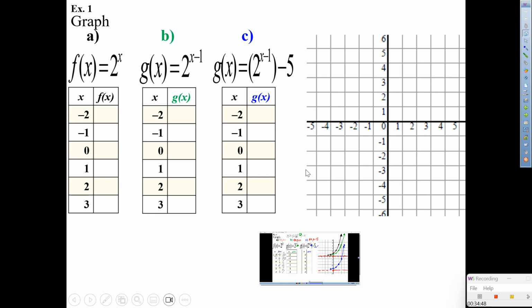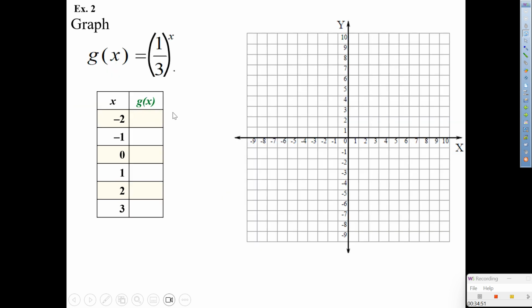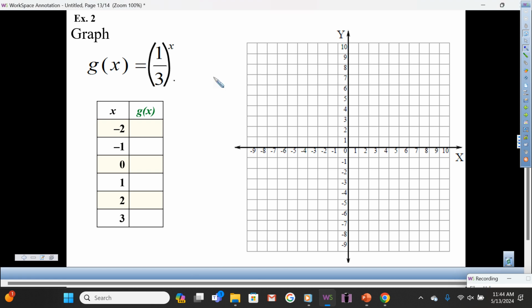So set that aside. Let's go to the next coordinate plane. Copy this table, please. G of x equals 1/3 to the exponent of x. Make this table in green. And I'm going to write my general rule right above this.